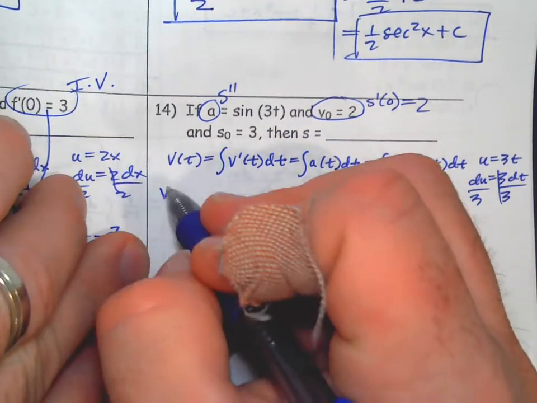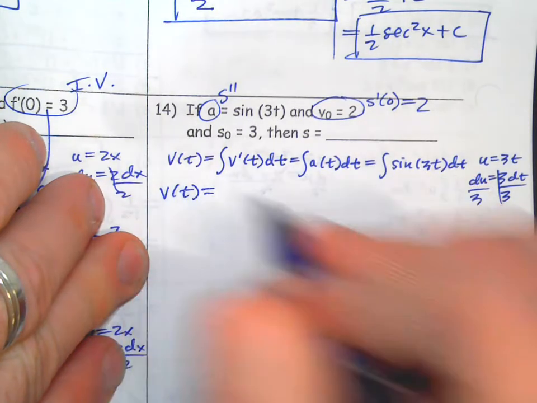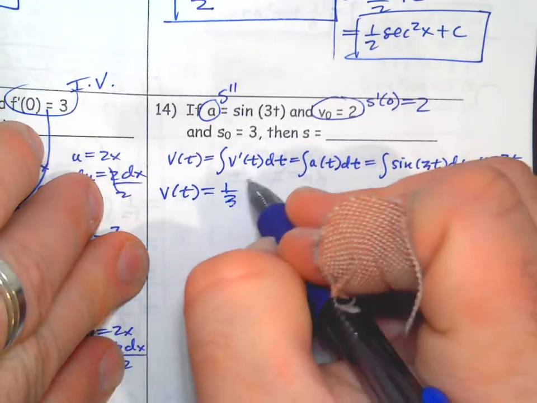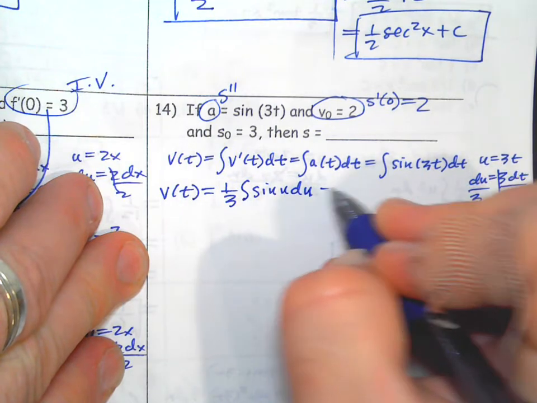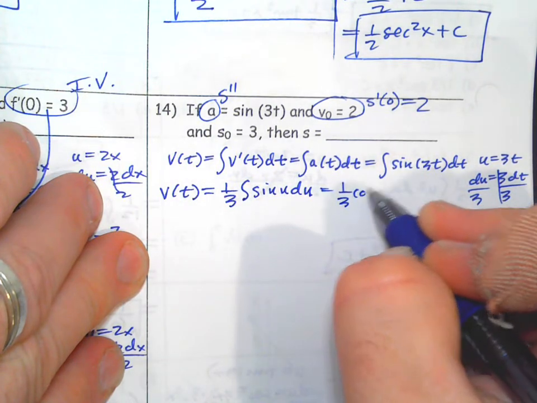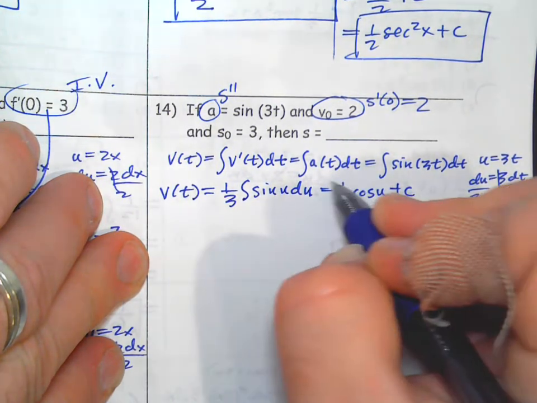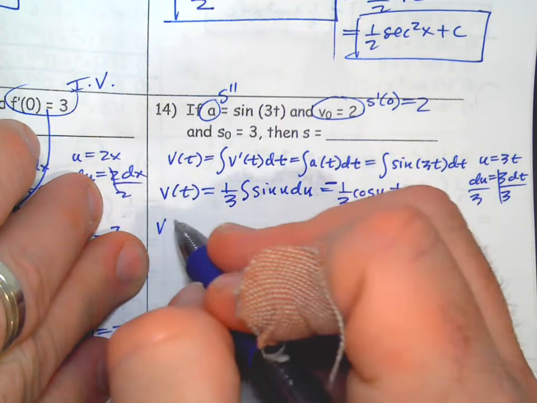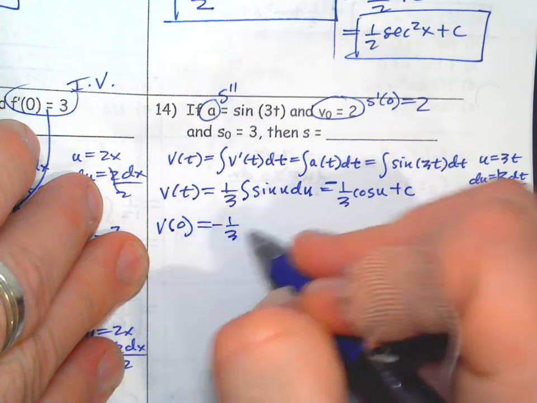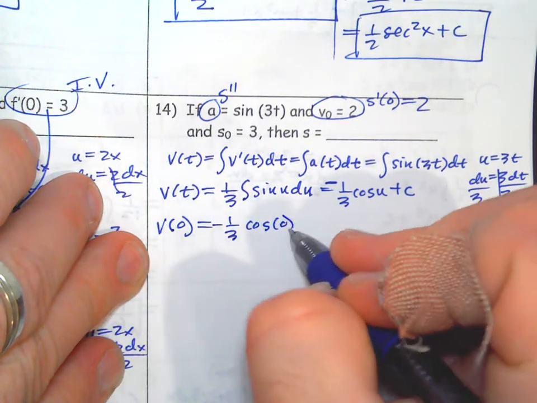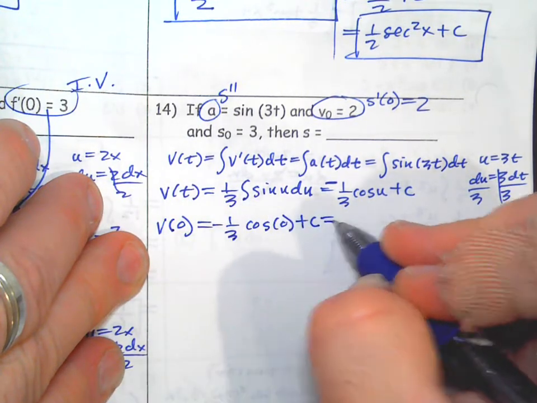So velocity is going to be 1/3 the integral of sine u du, which is going to be 1/3 cosine u plus c. This is going to have a negative. Then we can use the initial condition: v of 0, negative 1/3 cosine 0 plus c, should add up to 2.